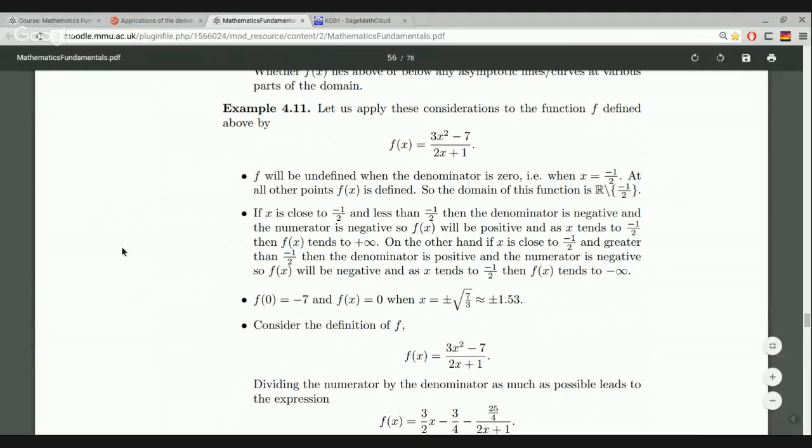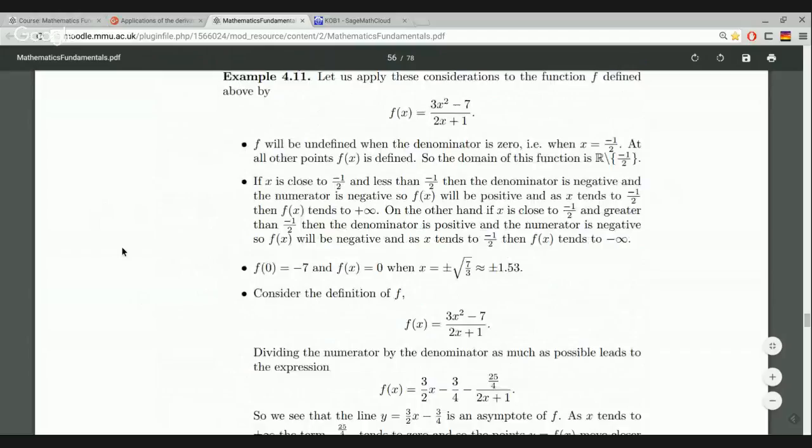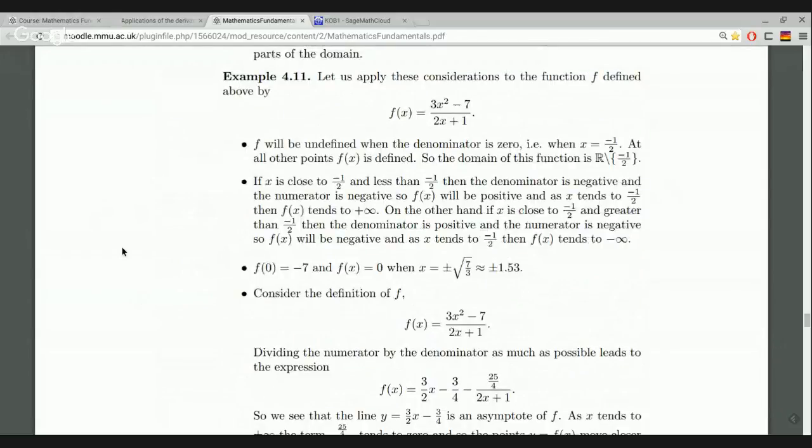So how does f behave when you get close to this point? Well, if x is close to minus a half but to the left, so slightly less than minus a half, let's look at the numerator. As you get close to minus a half, the top gets close to 3/4 minus 7. So the numerator is going to be negative. The numerator is always negative when you're close to minus a half.